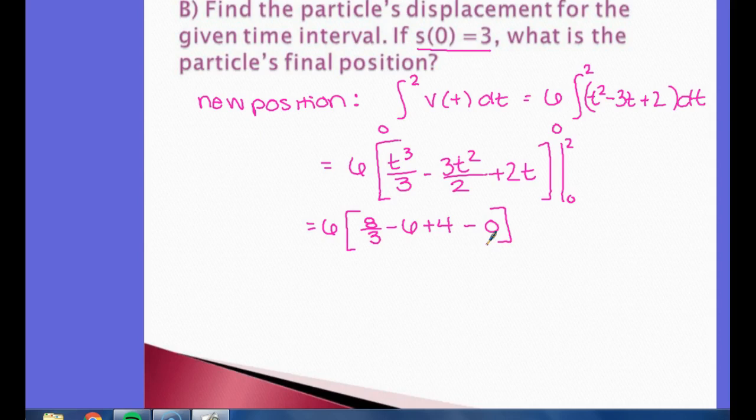I distributed my 6 because I got rid of the fraction. Instead of trying to combine these like terms, I was like, oh, well 6 times 8 thirds is going to get rid of that fraction and give me 2 times 8, which is 16, minus 36, plus 24. I would much rather add big numbers than a fraction.